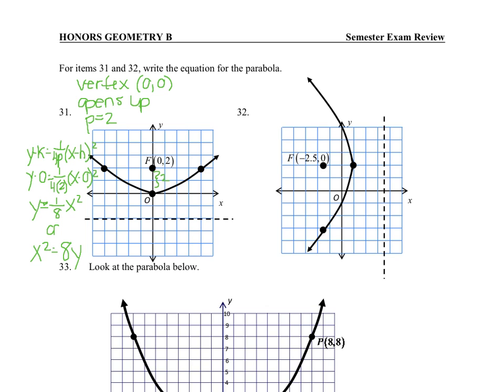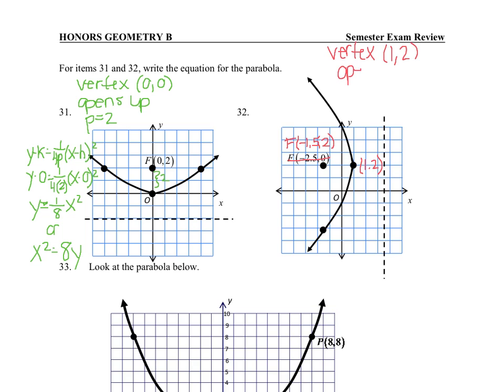For question 32, there is a mistake. This focus point is not correct. The focus is actually at -1.5, 2. And we can also see that our vertex is at 1, 2.